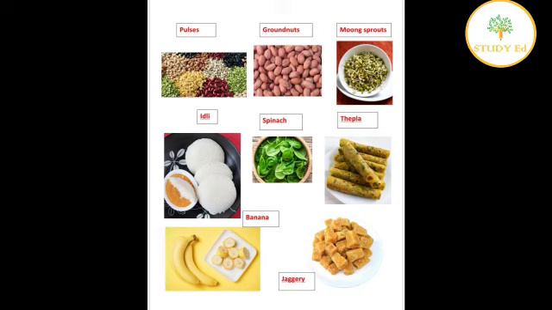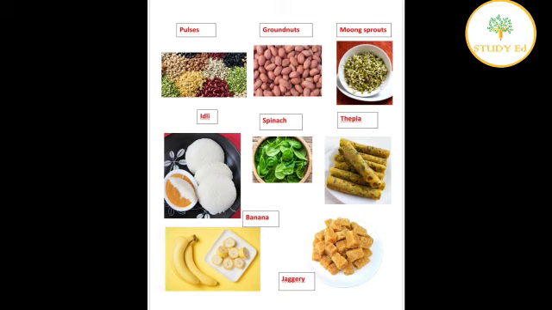Now, why theplas? Because theplas are made with a combination of flours, which will give us all the nutrients. Banana is a rich source of magnesium and iron, and then jaggery. Jaggery contains natural sugars, which are very helpful for our body, so we can include jaggery also in our diet.